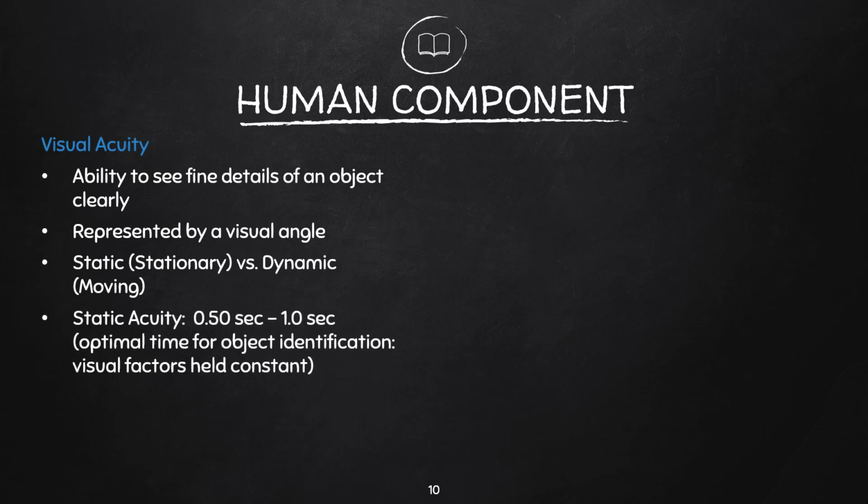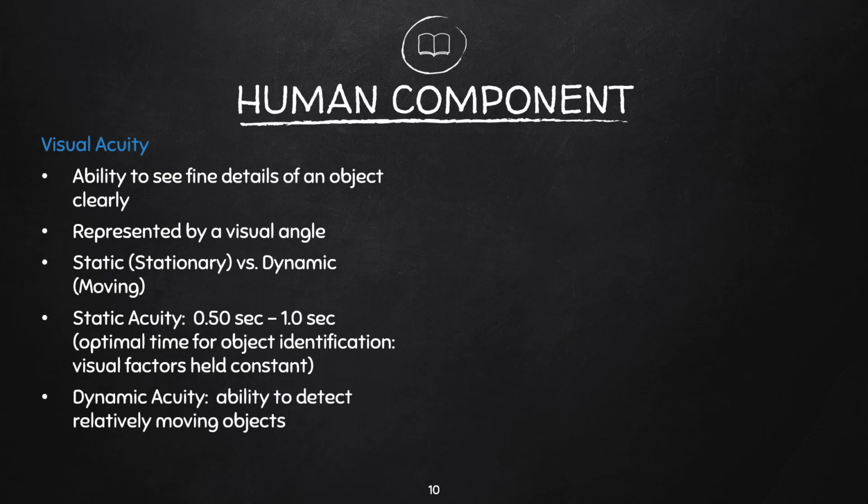For static acuity, 0.5 seconds to 1 second is the optimal time for object identification, and the visual factors are held constant. Of course, if you are using your vehicle, you are moving. So there are some stationary objects relative to your position also. So we use static acuity.